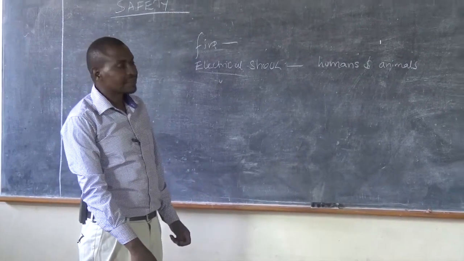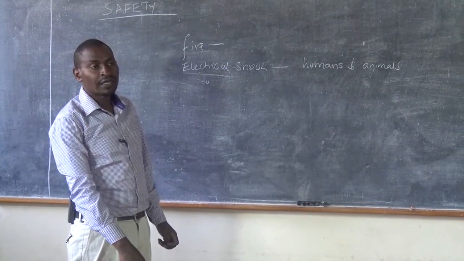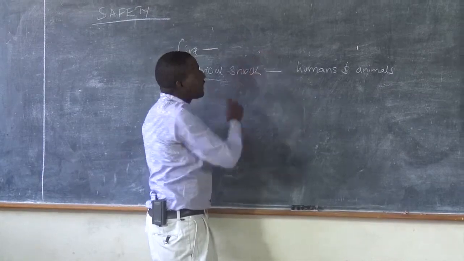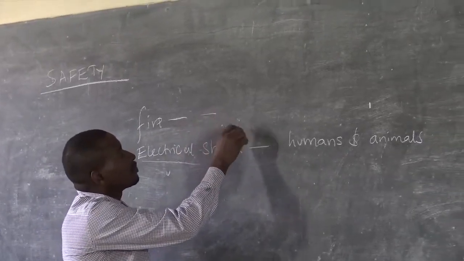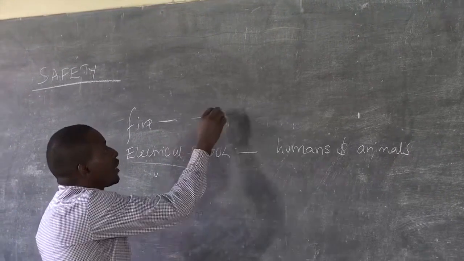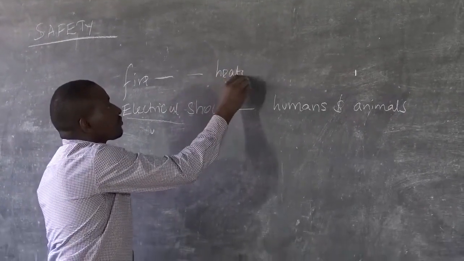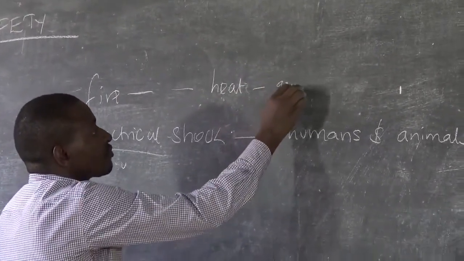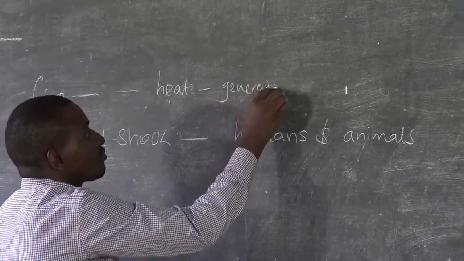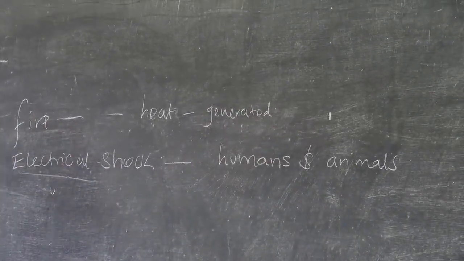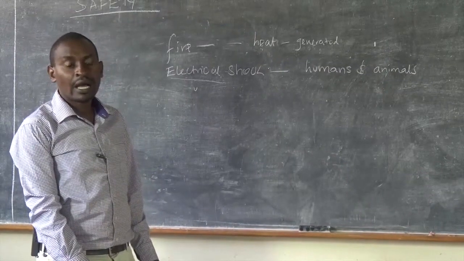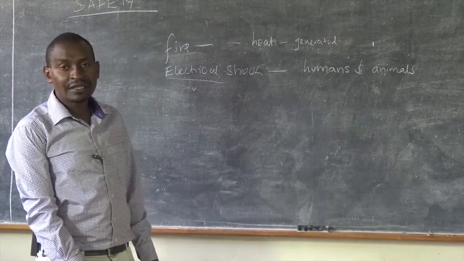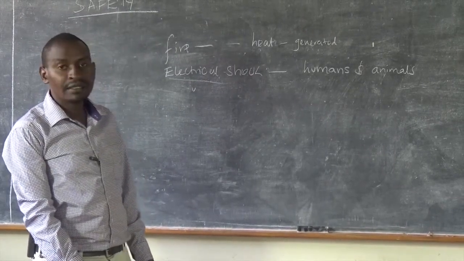So if we have a very large amount of electrons flowing, then there is the possibility of very high collision, and a lot of heat can be generated, and this heat can ignite materials that could be near, and thus there is a creation of fire which can be very destructive.